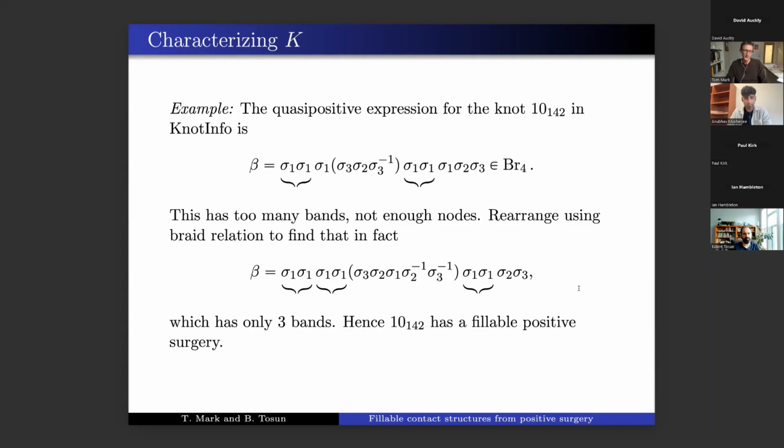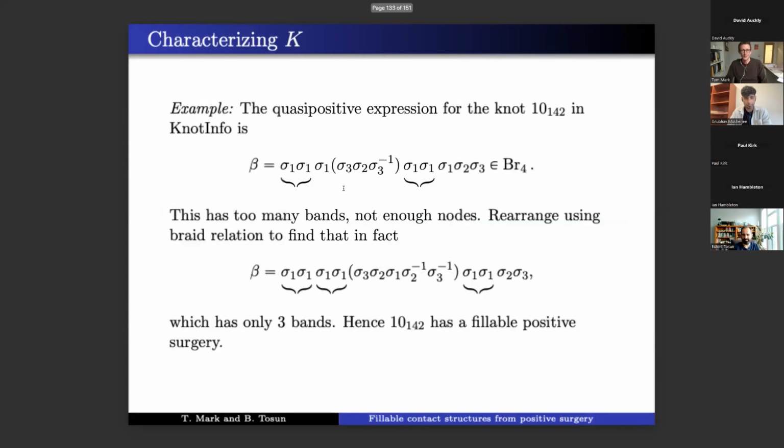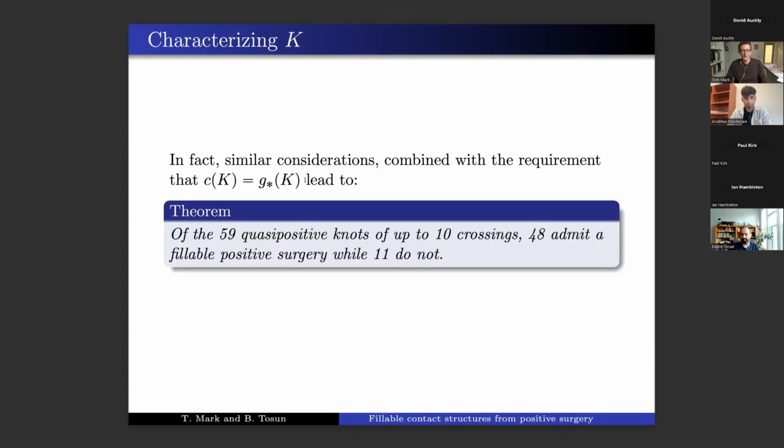Okay, and once you understand how to play this game, it's very easy, and you can just go through the table. So if you ask KnotInfo to tell you the quasi-positive knots in their braid expressions, either they violate this obstruction, which luckily KnotInfo tells you what the class number is for knots up to 10 crossings, which is thanks to work of Owens and Strle for the most part.